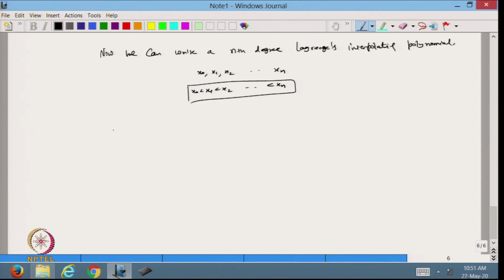Now based on this, I want to define the nth order. So Pn(x) I can write. So Pn(x) will be, I am writing the coefficient of x0.